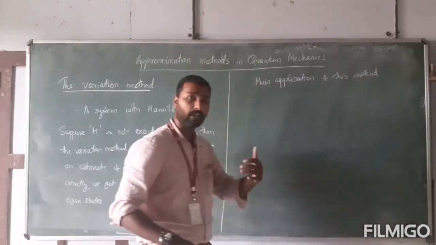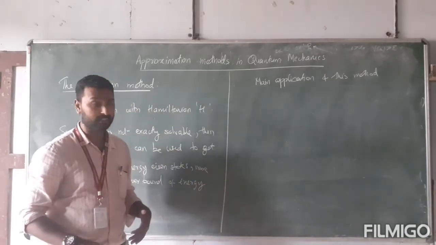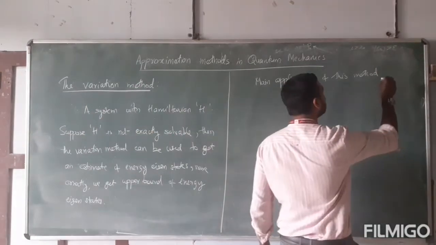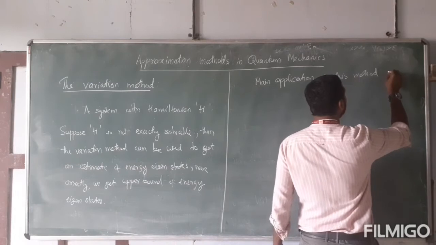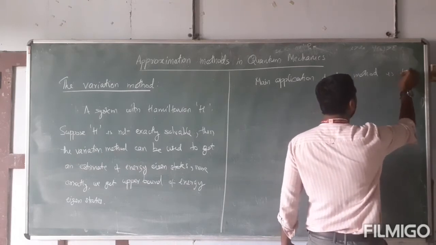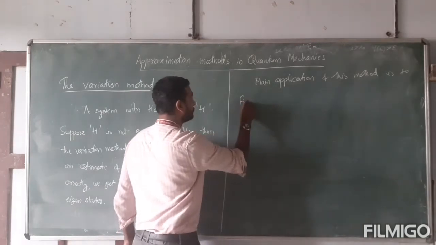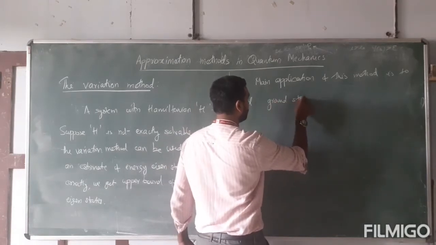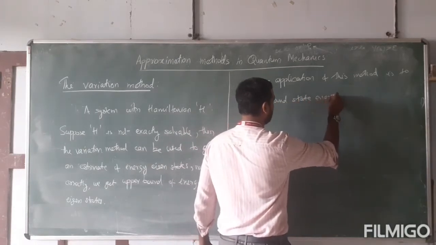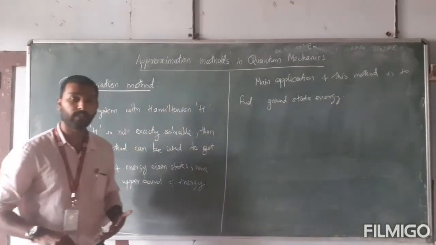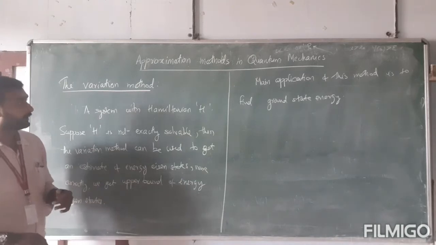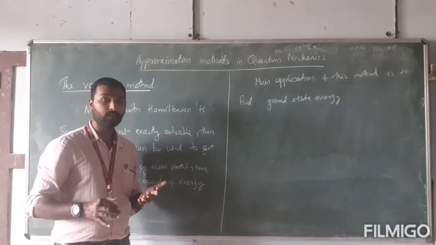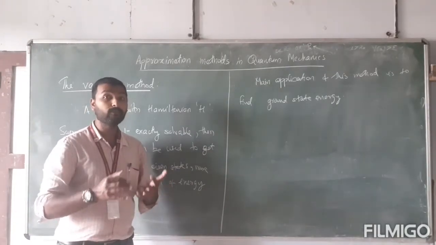Although we can find the upper bound of all energy eigenvalues, it is mainly used to find the ground state. Now we can see how we can find the ground state energy of a Hamiltonian H which is not exactly solvable.